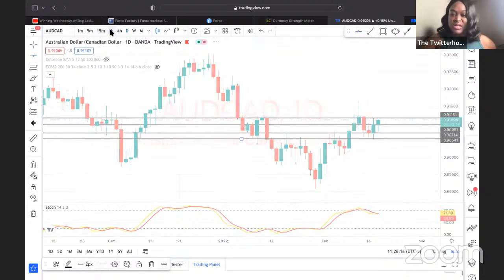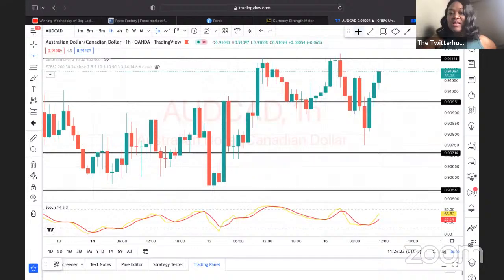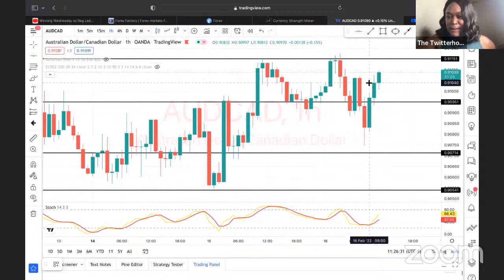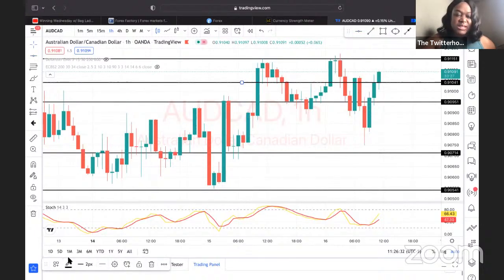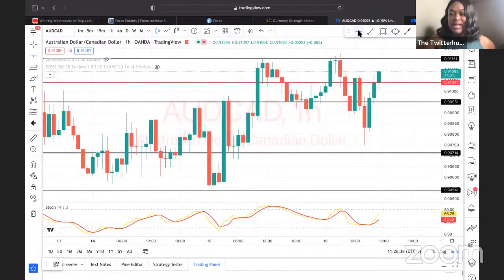I mark the wick and body of the candle. Then I go down to the hour, and I'm going to do the exact same thing. I'm not going to focus on the current candle, but the candle before. I'm on the hour chart, so each candle took an hour to form. I changed color to red so I know black is the daily level, red is the hourly level.